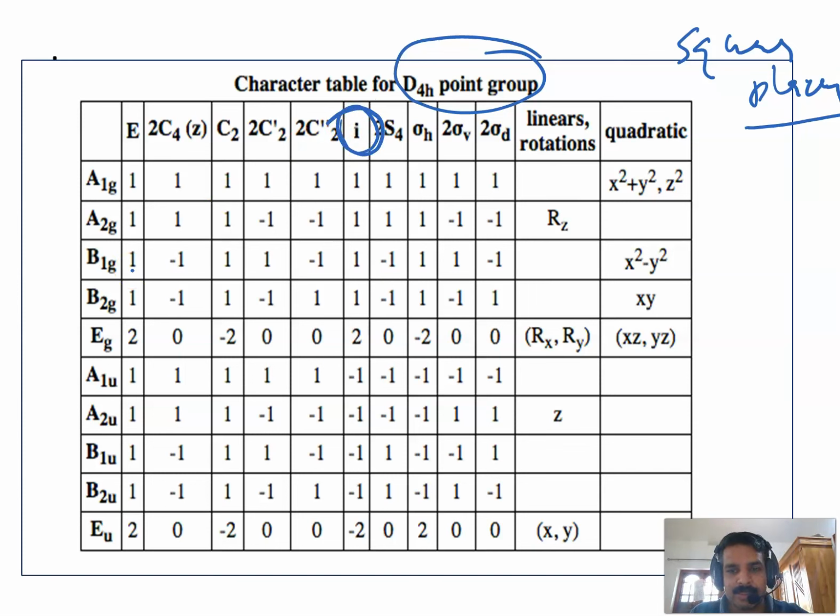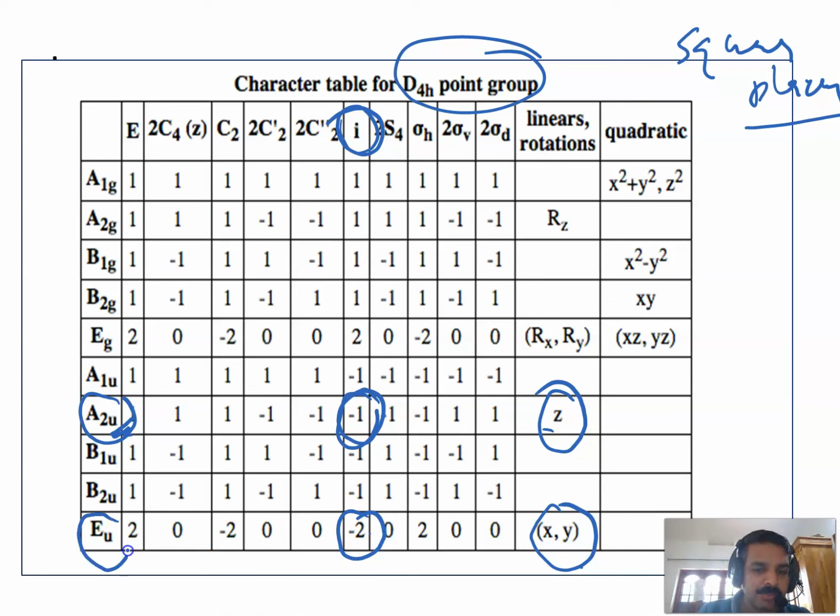Then look at the representations formed by the x, y, z coordinates. For z, the representation is u, because the character of I is equal to minus 1 here. Very simple. And for x, y, the character of I is equal to minus 2, since it is a two-dimensional representation, so the representation is u.